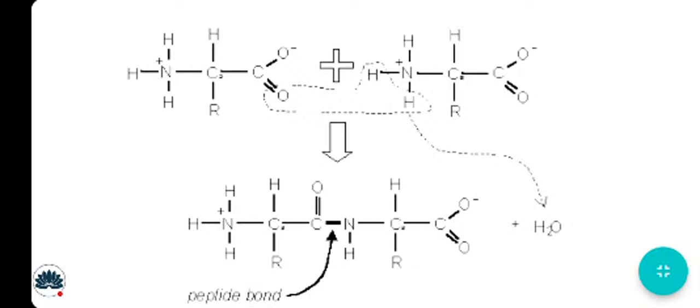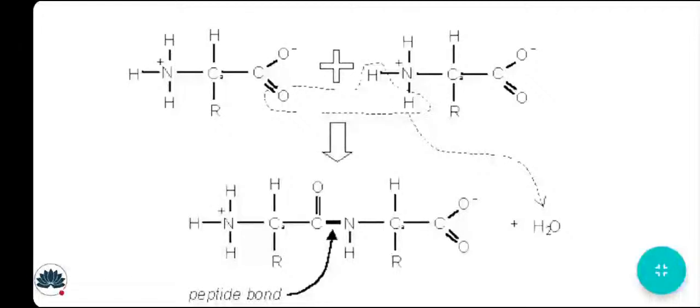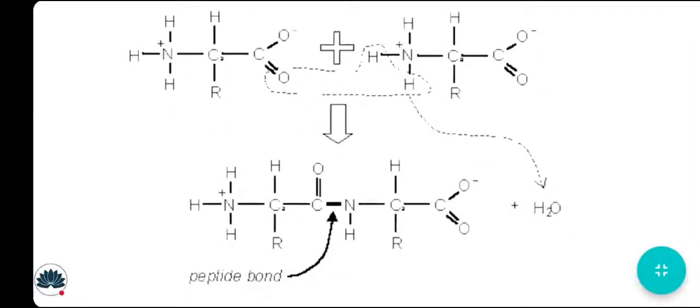Only the hydroxyl group is taken, not the double bonded oxygen. As you can see in the product, the carbon and oxygen double bond remains, and the C-N bond between carbon and nitrogen is the peptide bond. So where does the water molecule come from? From one hydrogen of the amine group and the hydroxyl group of the carboxyl group.